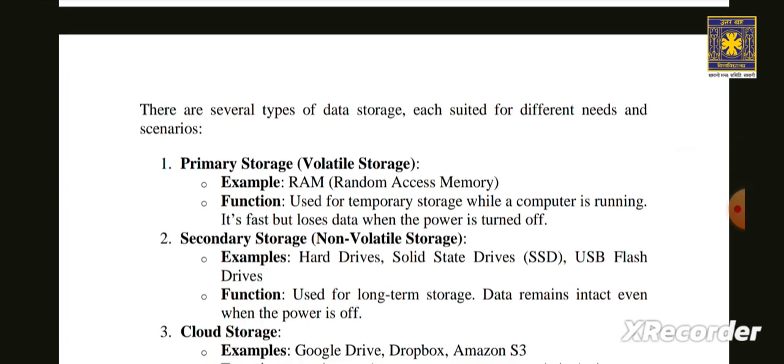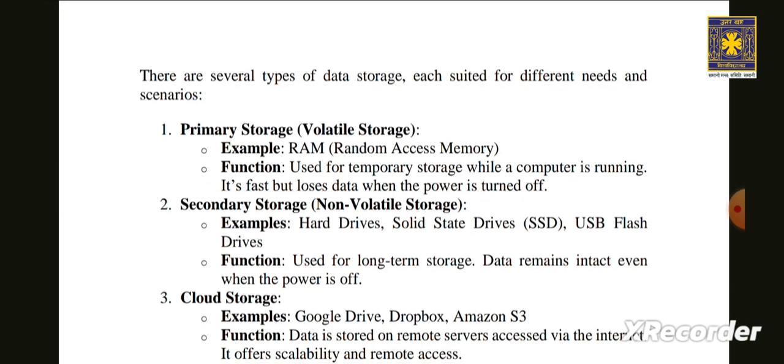An example of this is RAM or random access memory. RAM is used for temporary storage while a computer is running. It is super fast, but it loses all its data when the power is turned off. Think of it like a notepad that gets erased when you close the computer.